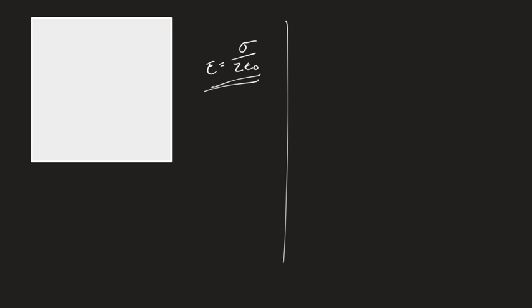Lastly, the other use case we had was near the surface of a conductor. Now, ultimately, I want you to understand that that's how we use Gauss's law, but the use cases are pretty limited.